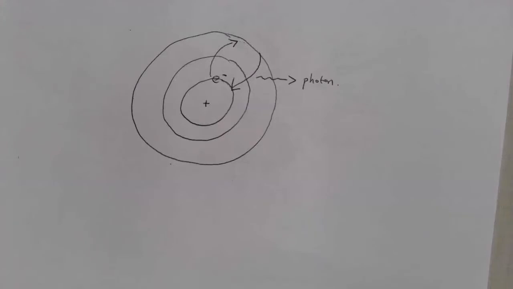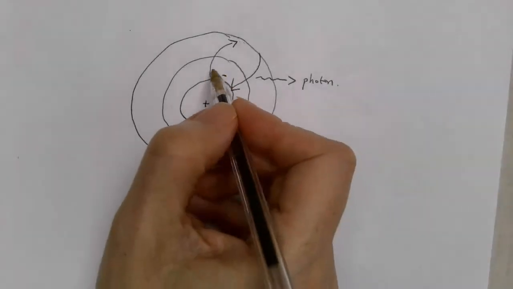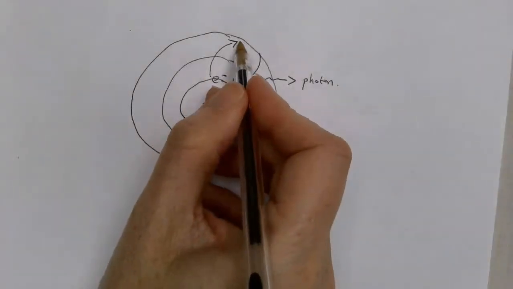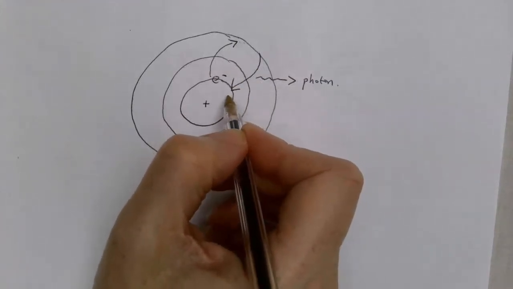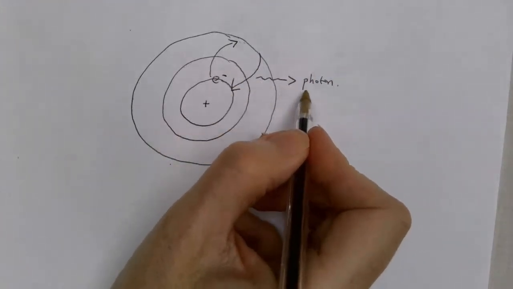So this helps us to explain why magnesium does not give a flame colour when you heat the compound in a Bunsen burner flame. The electron is still being promoted to a higher energy level, and it is still dropping back down. However, the photon that's being released is not in the visible part of the EM spectrum.